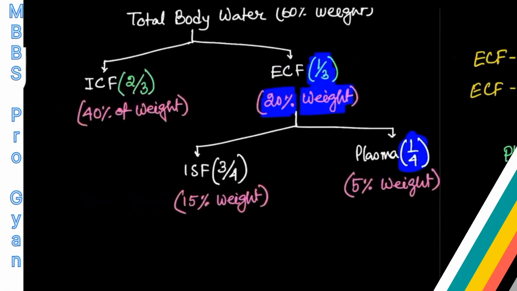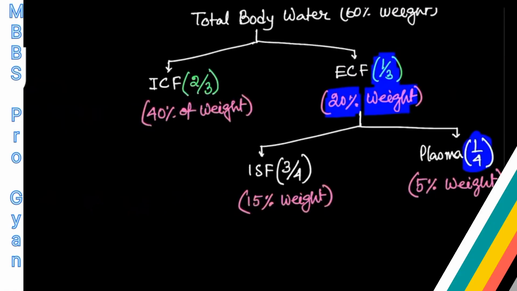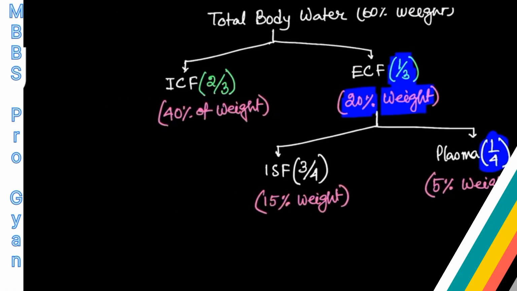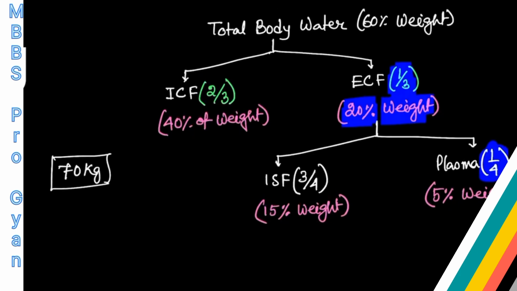Now if you take an example, suppose one person has a body weight of 70 kg. In this person, what will be the volume of the total body water? We just calculated that 60% of the body weight is total body water. So 60% of 70 kg, that is 42 liters, is the total body water.